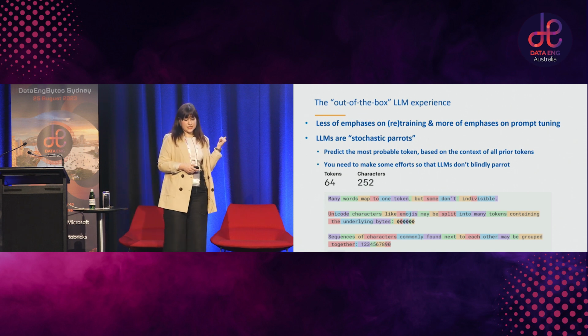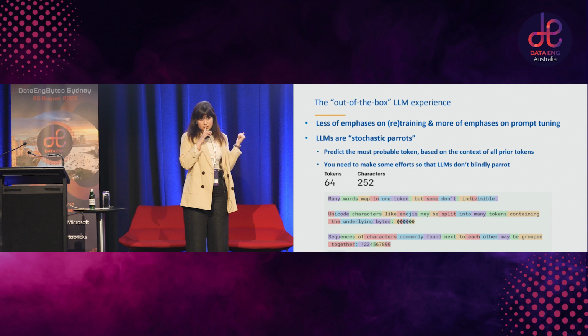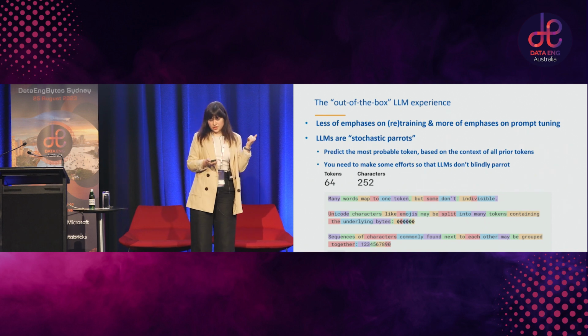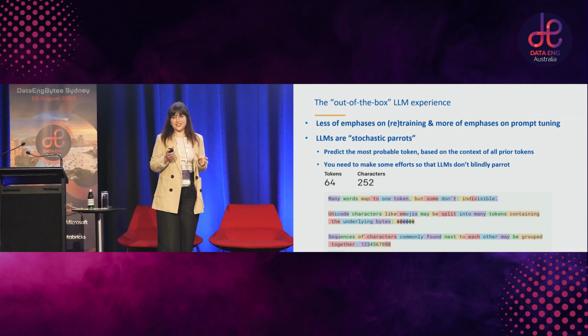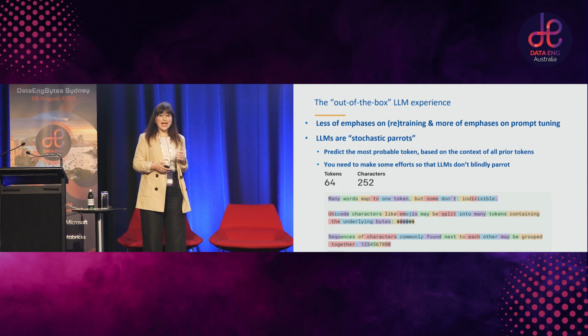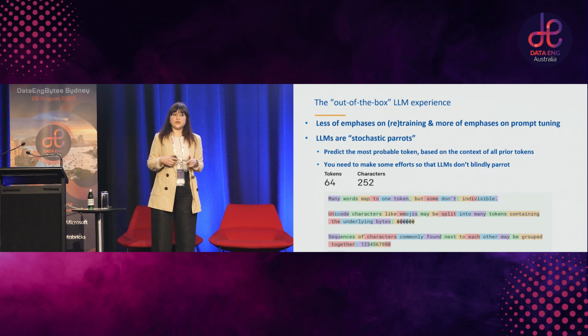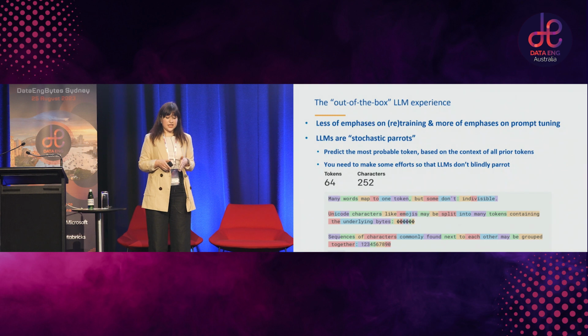The term stochastic parrot often comes up to refer to that kind of blind prediction. And because of that, if you want to use an LLM for your application, you need to align LLM responses for your application so that it doesn't blindly parrot.